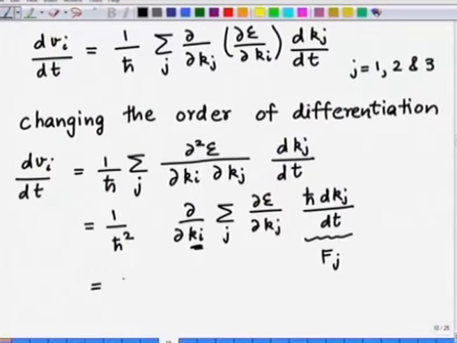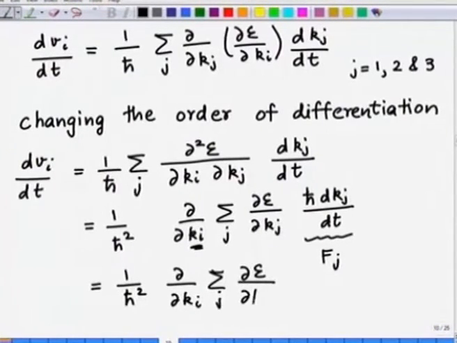So, I write this as 1 over h bar square del by del ki, and I am going to write this quantity therefore as summation over j of del E by del kj fj.